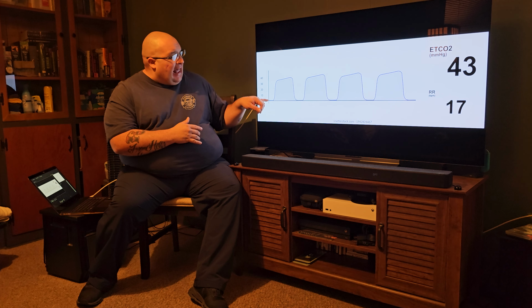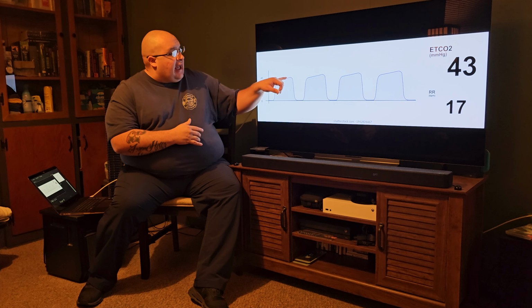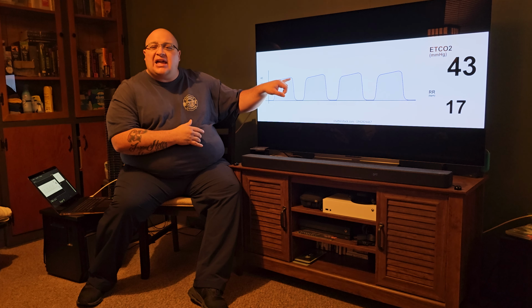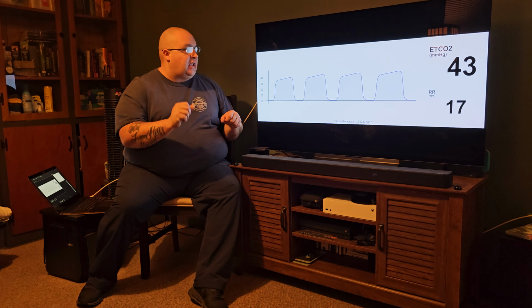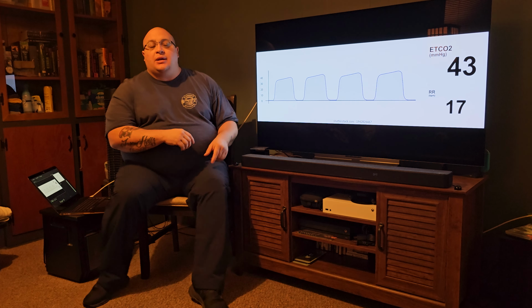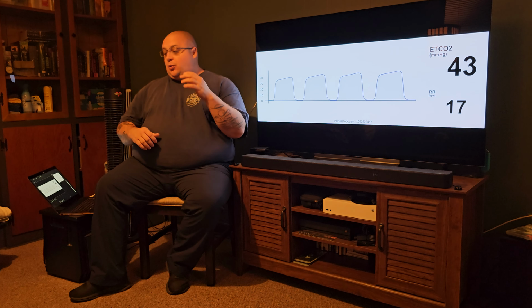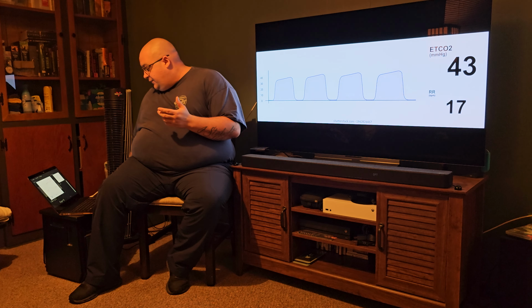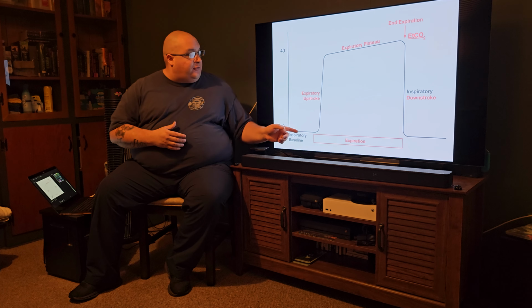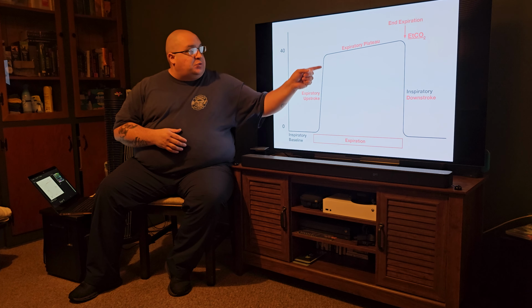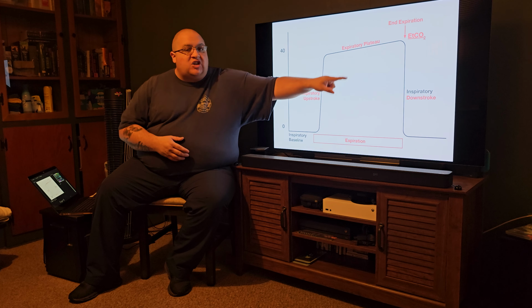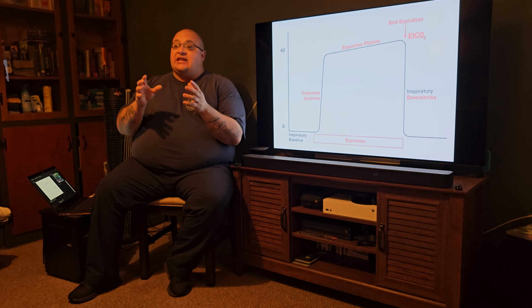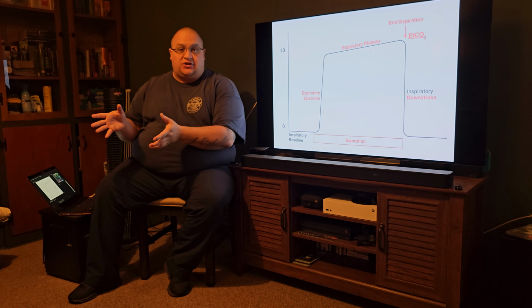But as the patient breathes out and they plateau, you'll see they peak right at the end of expiration because you're getting the last bit of those gases out of the bottom of your lungs, and it's measuring that highest point. So this waveform is perfectly normal. If we have a problem with this waveform, anywhere in this expiratory phase, during this plateau phase, or during this inspiratory phase, we can quickly visualize what the patient is doing.